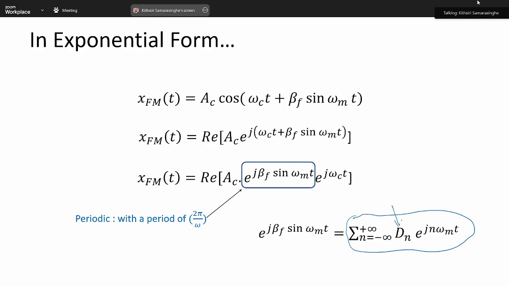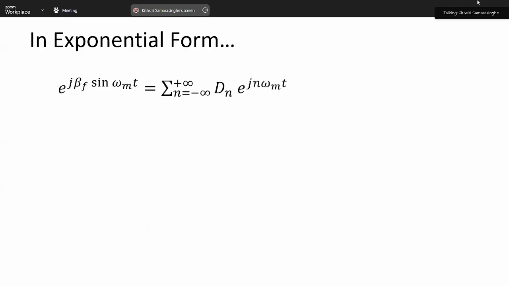I'm going to use Dn coefficients, and each term of the exponential Fourier series is e to the power jn omega m t, varying from minus infinity to plus infinity. Then I will be able to substitute this Fourier series here. Why? Because it's a periodic term with a period of 2 pi upon omega. Shall we then use the exponential Fourier series to represent that term?